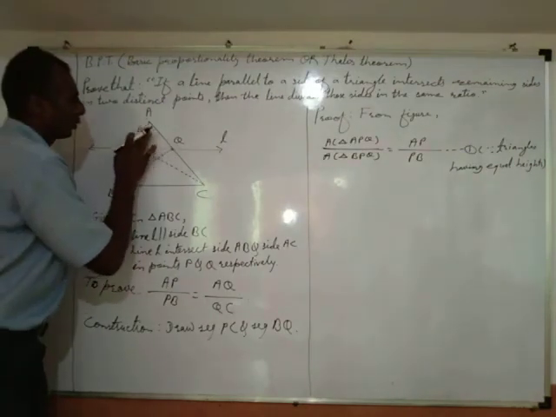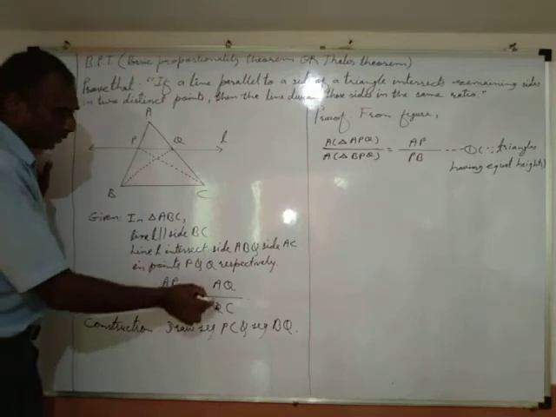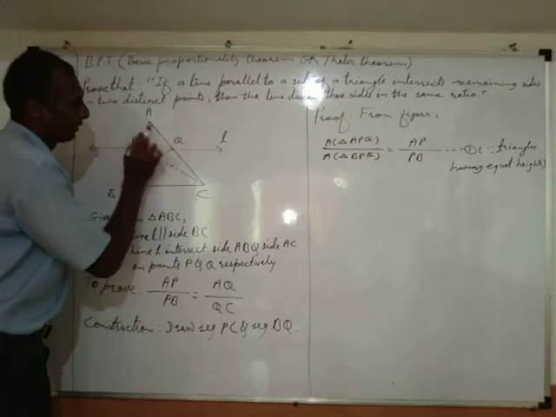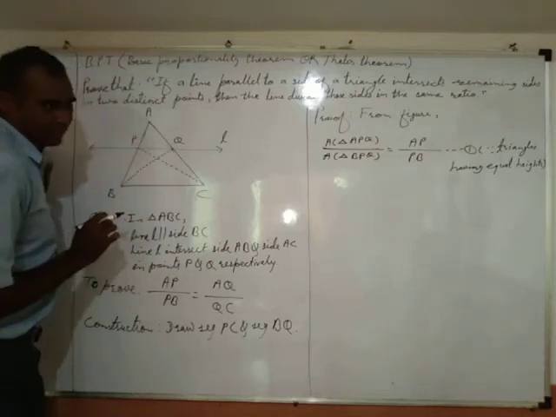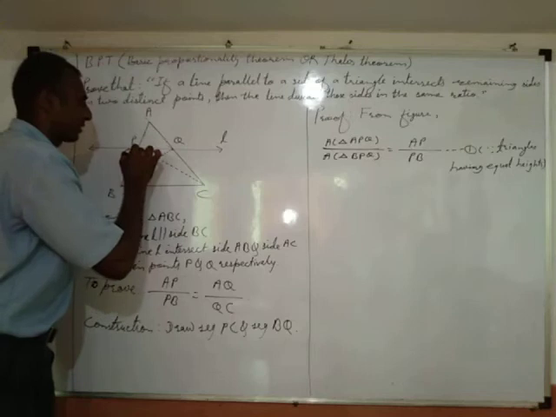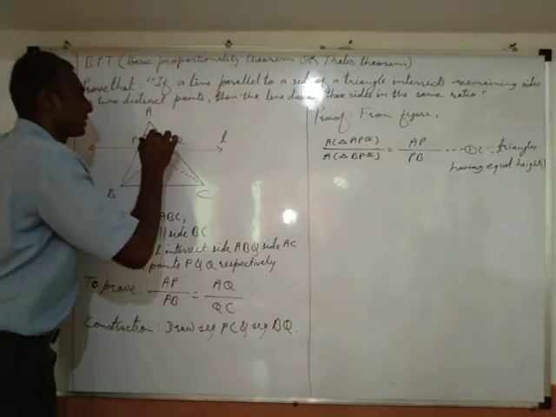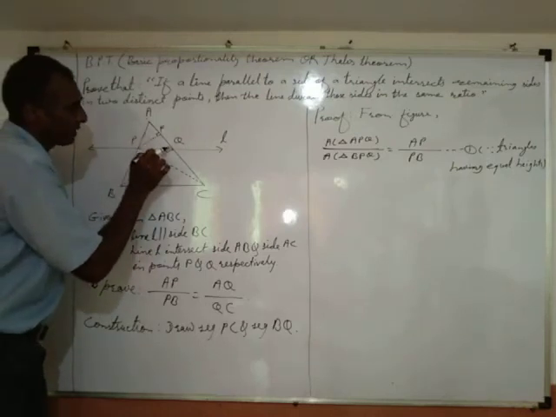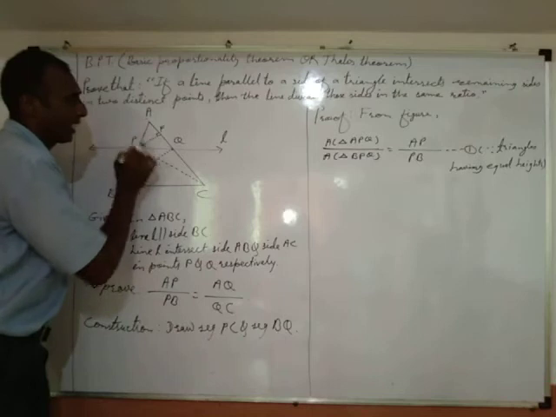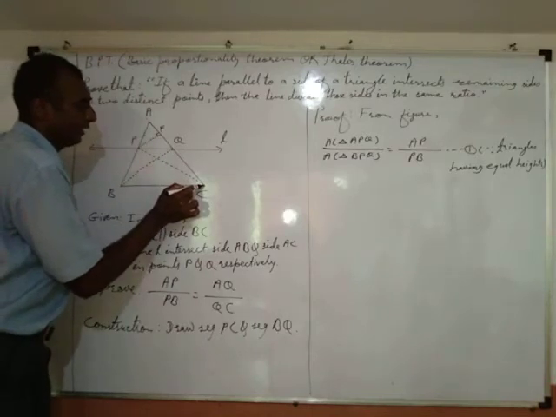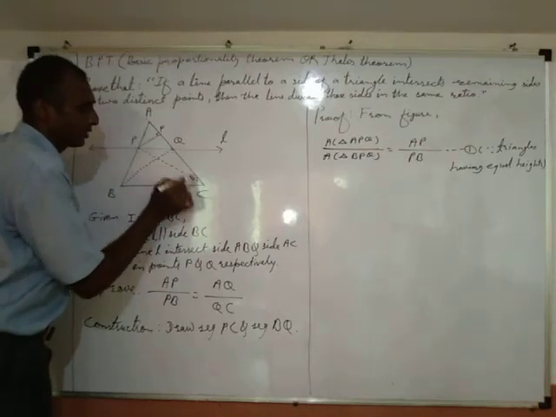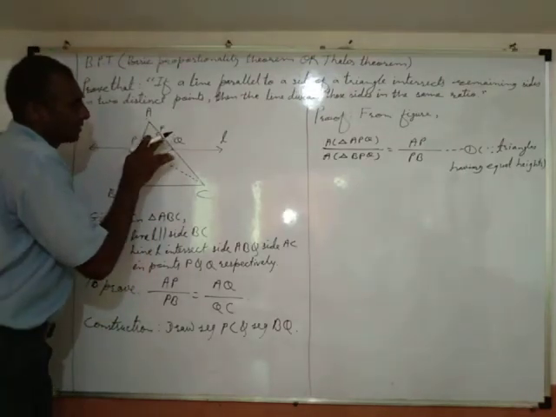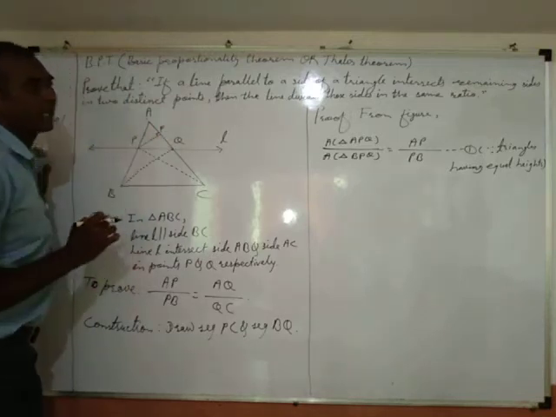Now to get the ratio AQ upon QC, let's consider a pair of triangles APQ and CPQ. AQ is a base, QC is a base. For these bases, let's draw seg PU perpendicular to AQ. Now AQ is a base, PU is a height in triangle APQ. Similarly, in triangle CPQ, QC is a base and PU is a height. Means it is a pair of triangles having equal height.